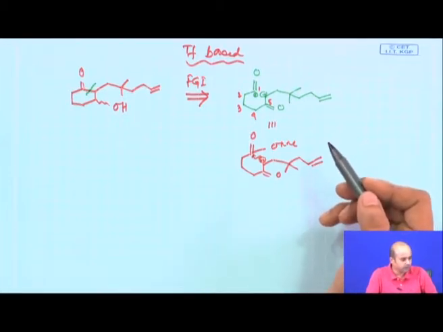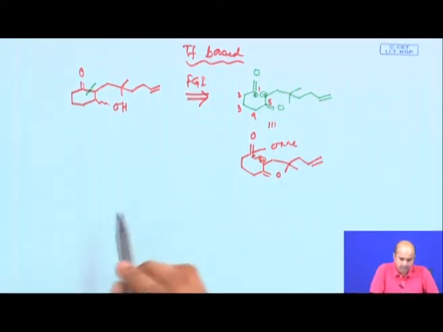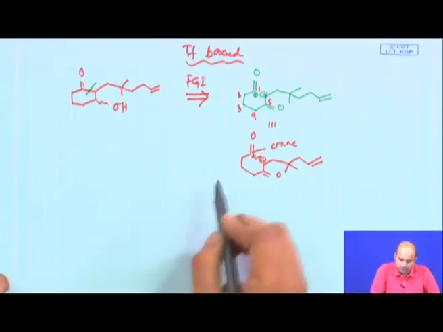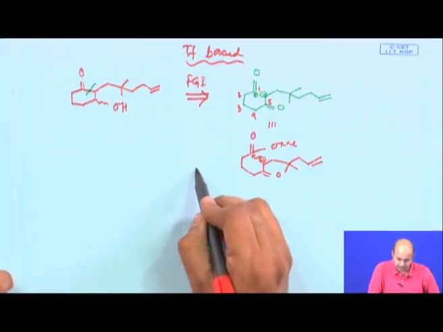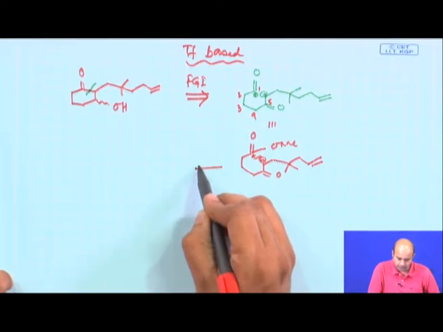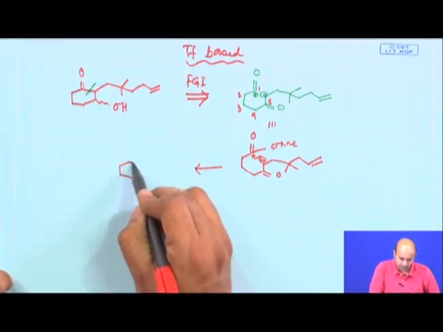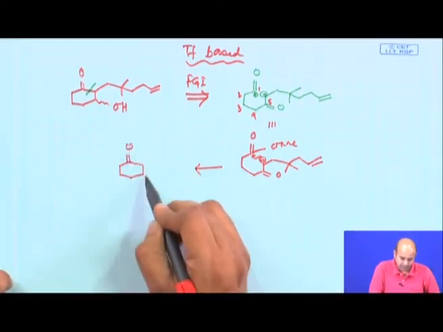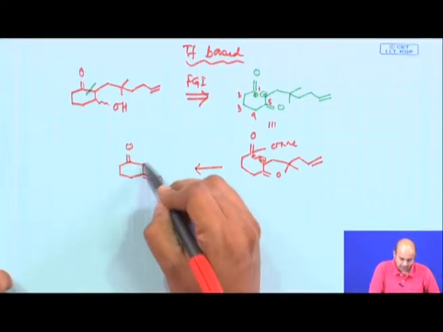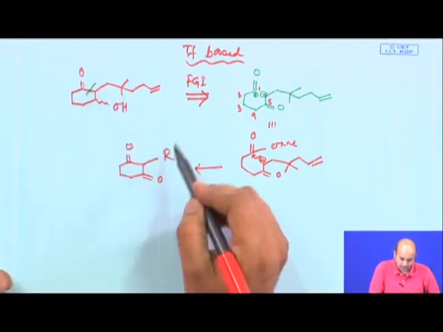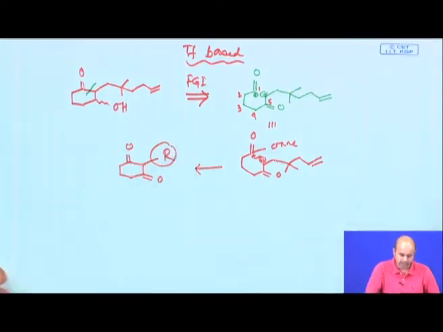The Dieckmann reaction is very powerful, and the Dieckmann product is basically your 1,3-cyclohexanedione. This entire group I am putting as R for simplicity.